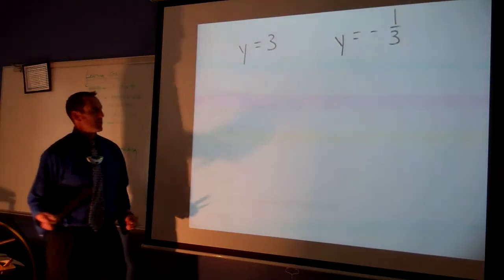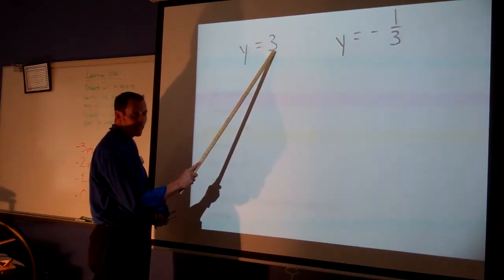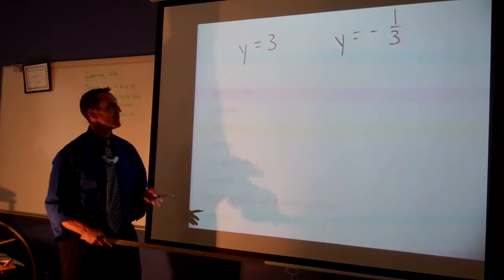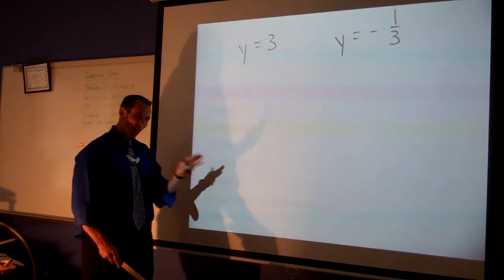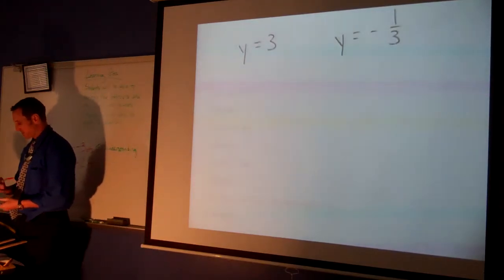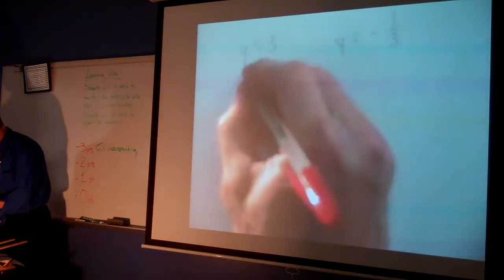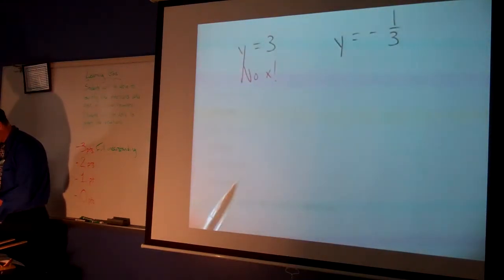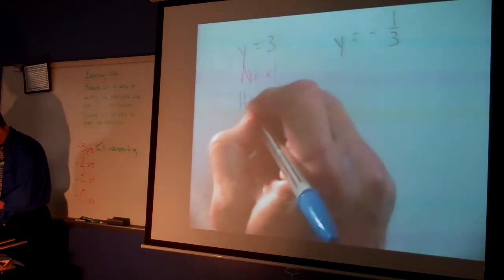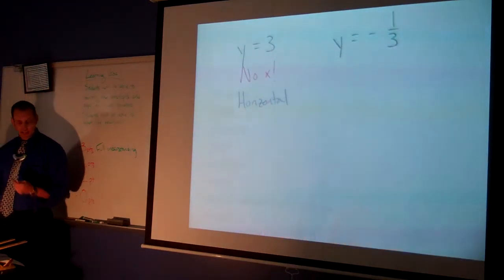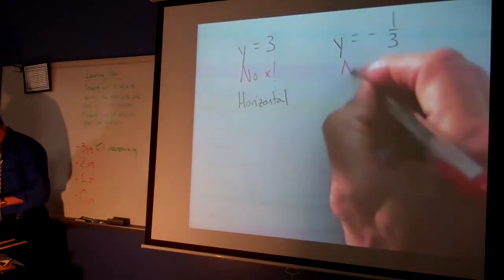Your gut reaction might be to say, well, if I have a 3 and a negative 1/3, they are opposite reciprocals of one another, therefore perpendicular. Wait, don't jump to that conclusion yet. Look at the equation. This equation is y equals 3. There is no x. And if there's no x-intercept, which means it is horizontal. And the same thing with the second equation. There is no x.